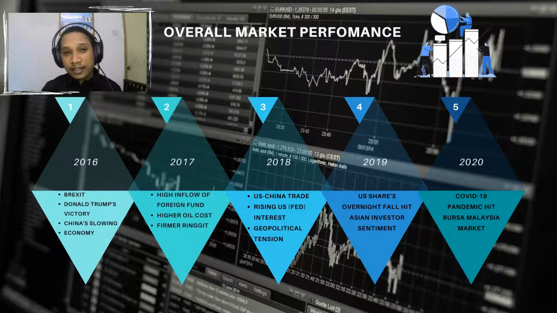Next is the year 2018. In 2018, the market was severely affected as blue chip stocks dragged Bursa Malaysia lower.